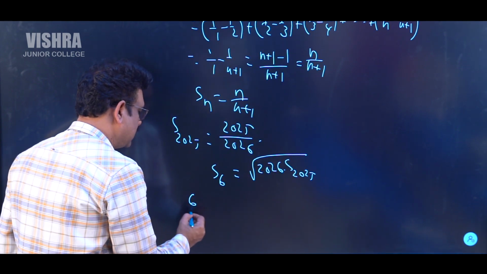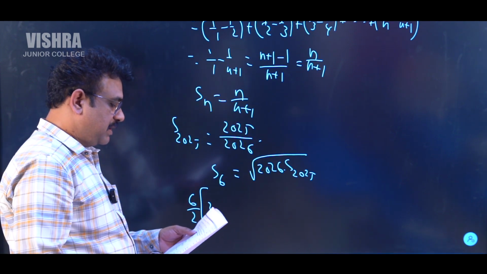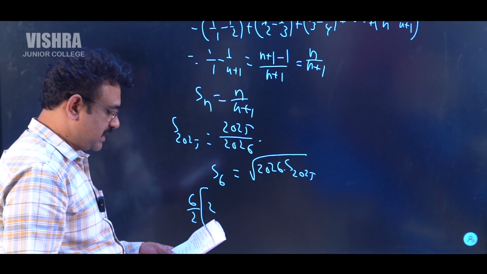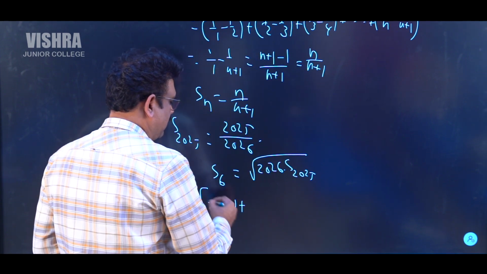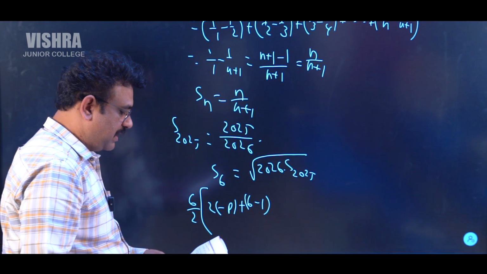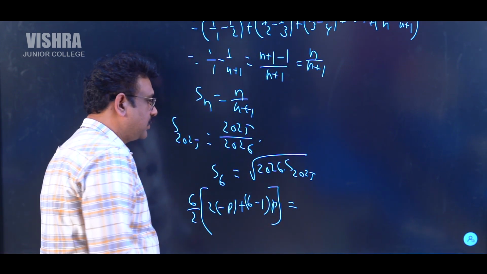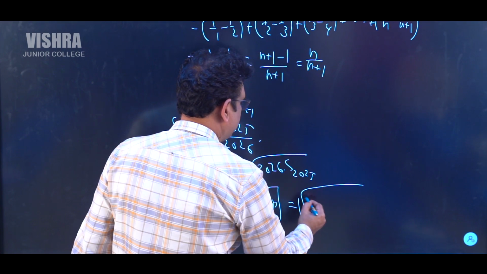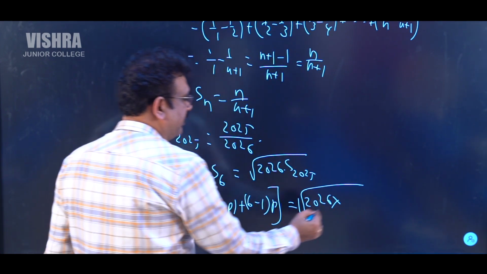S6 equal to 6 by 2 into 2 into the first term minus P plus 6 minus 1 into D. The common difference is P, equal to 2000 square root of 2026 into S2025.